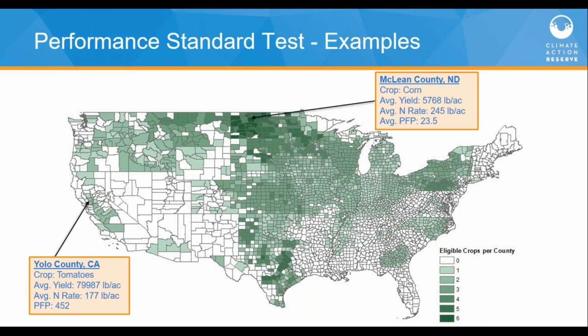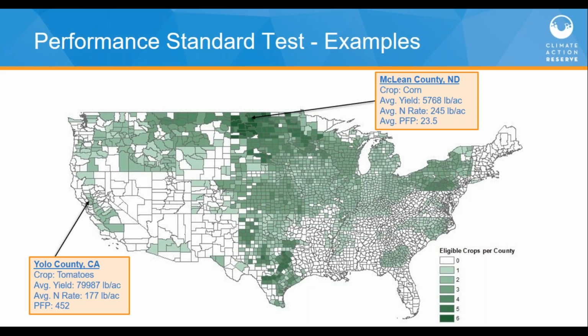A project growing corn in McLean County, North Dakota, would have to show that their PFP is greater than 23.5. So again, that's their project yield divided by their project N rate. And just for another example, take Yolo County in California growing tomatoes. The PFP is 452, and so a project PFP would have to surpass that benchmark.